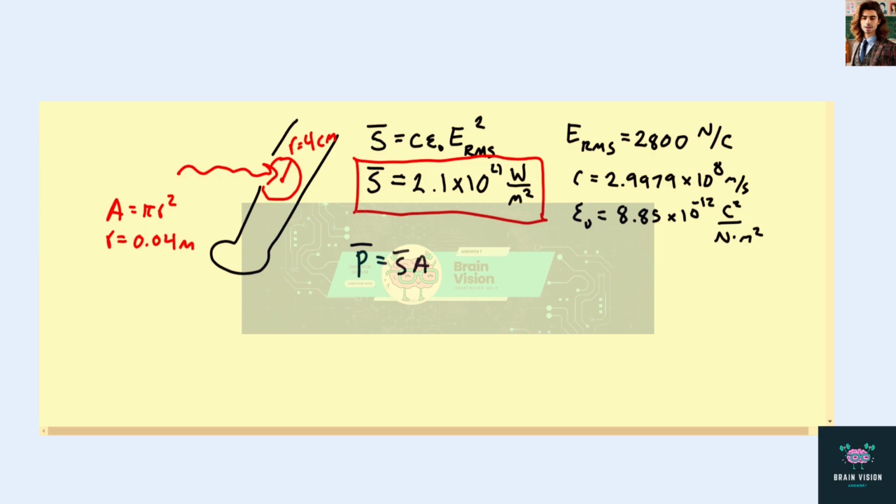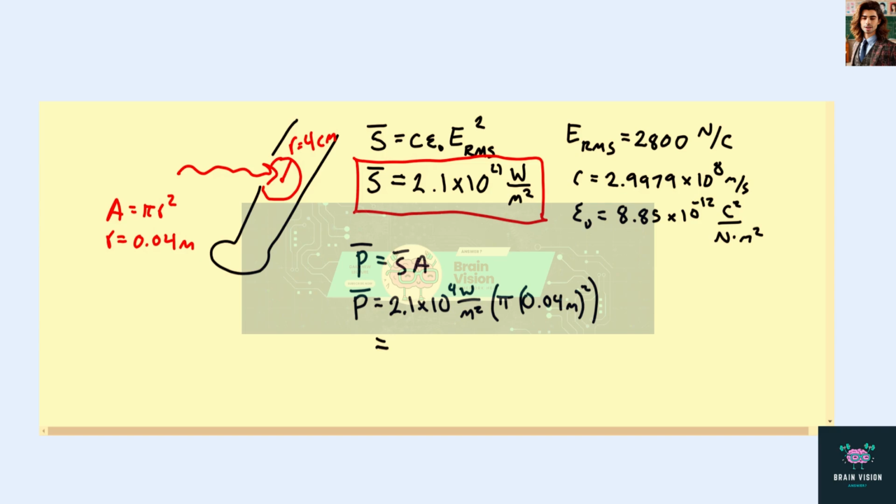And so plugging that in for the average power, we get 2.1 times 10 to the 4th watts per meter squared multiplied by pi times 0.04 meters squared.